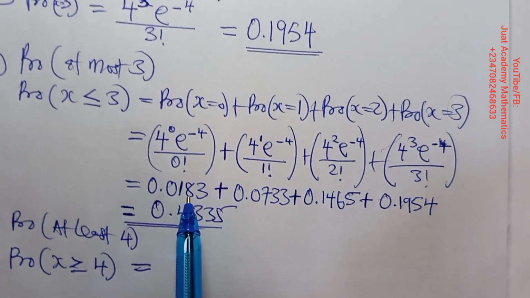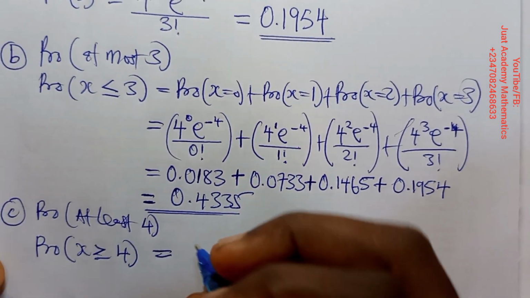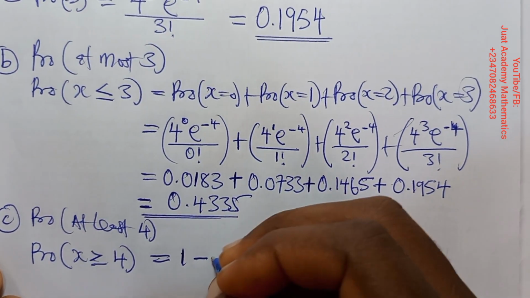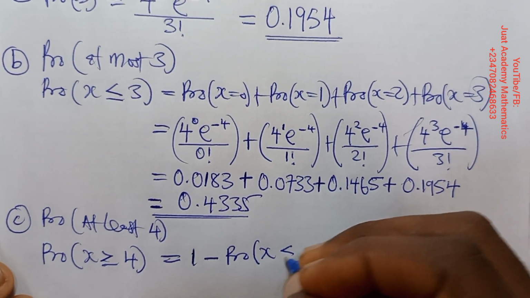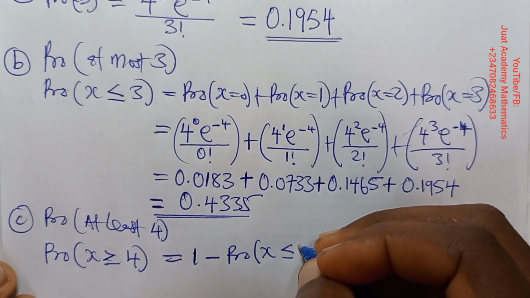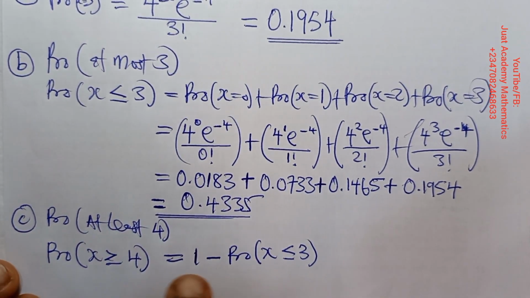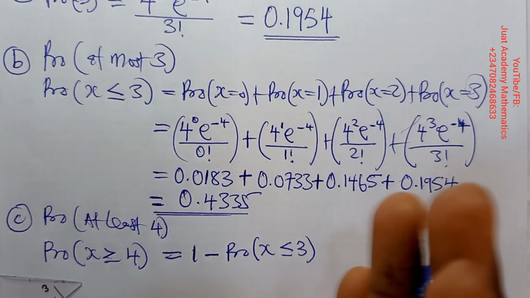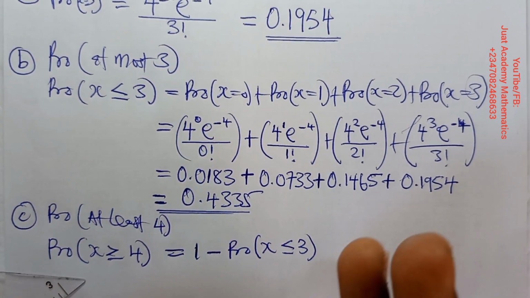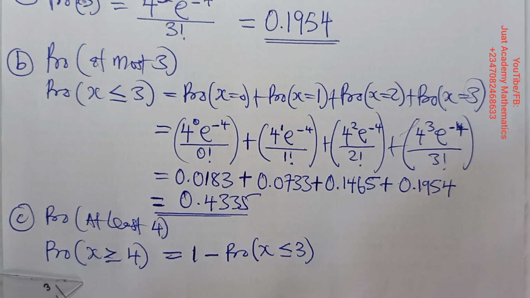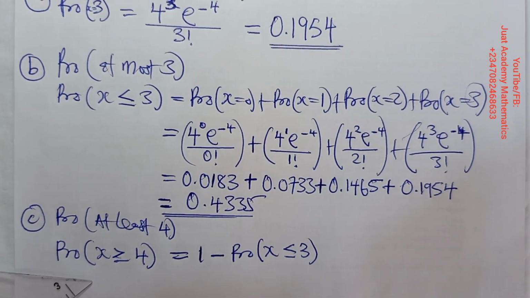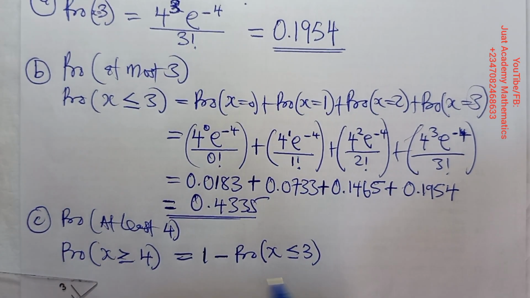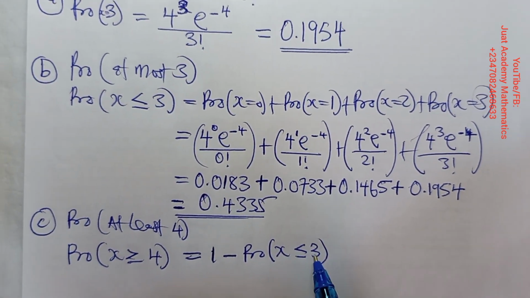So this is 1 minus probability of x is less than or equal to 3, because if you add the two probabilities, from 0 to 3 and from 4 to infinity, you get 1.